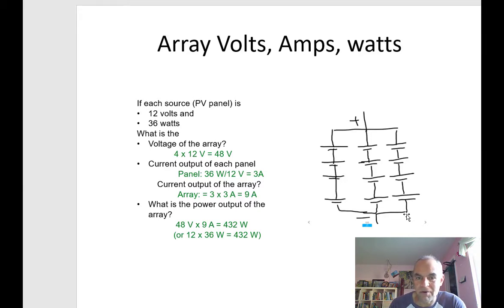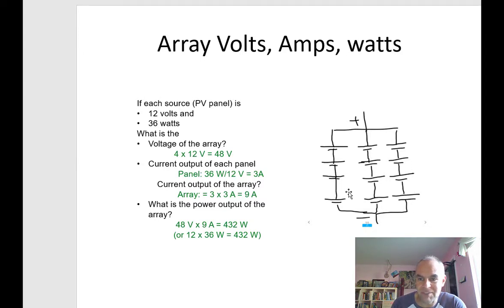And the power of each one is 36 watts. That means that the current that each provides is 3 amps, using power divided by voltage equals current. That's what the second equation is telling you. So if they're each providing 3 amps, each of these branches, 3 times 3 is 9.